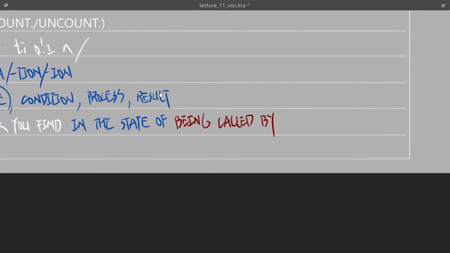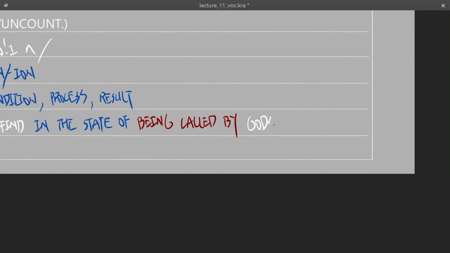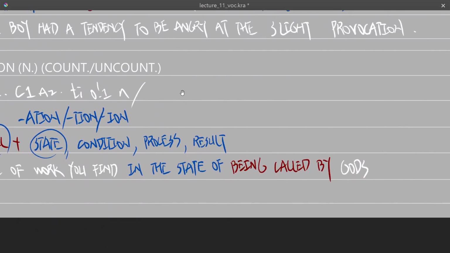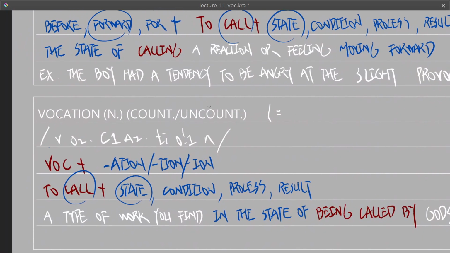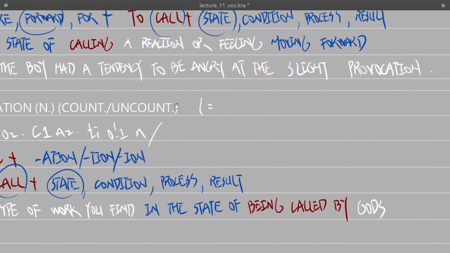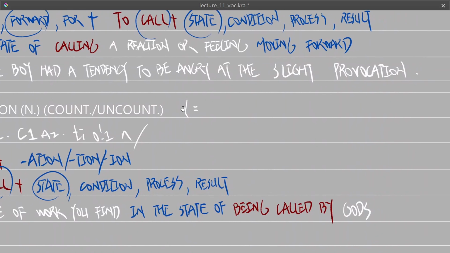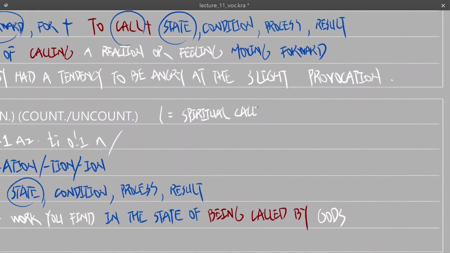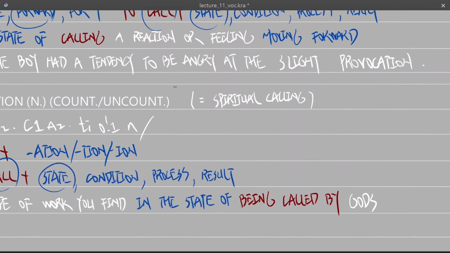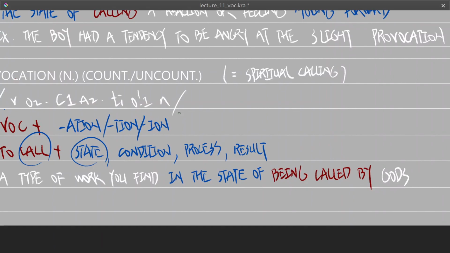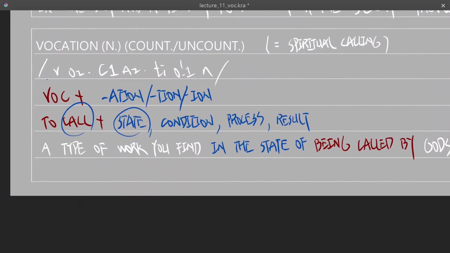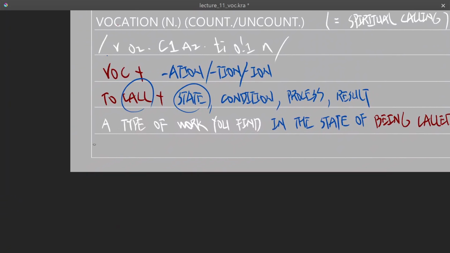Being called by God. So that's your calling. It's almost equivalent to spiritual calling. That's your calling, your ideal job, arranged by God's spiritual calling.